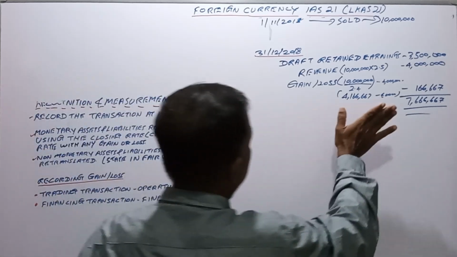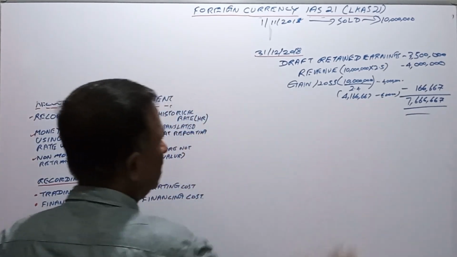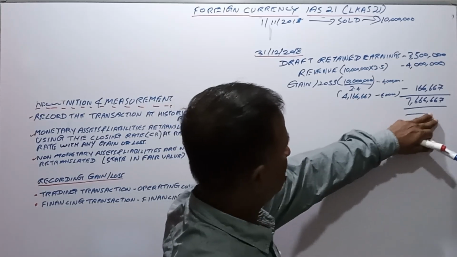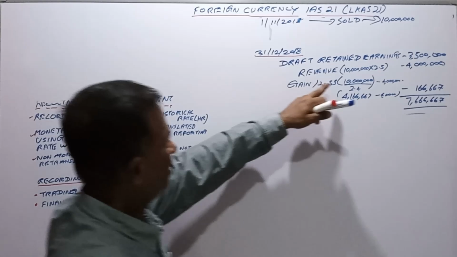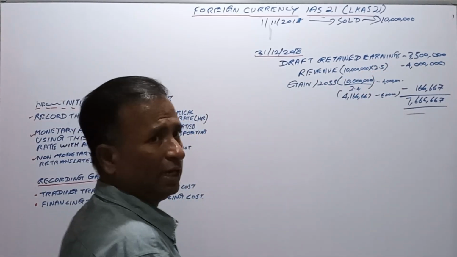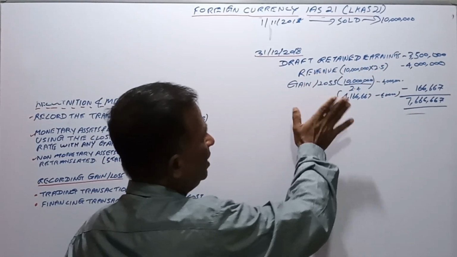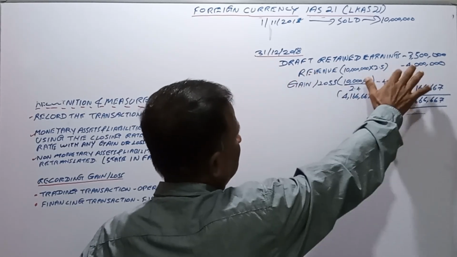This is the amount that will appear in the retained earnings. The draft retained earnings does not contain the sales proceeds because they didn't pass the entry for the sales, right?